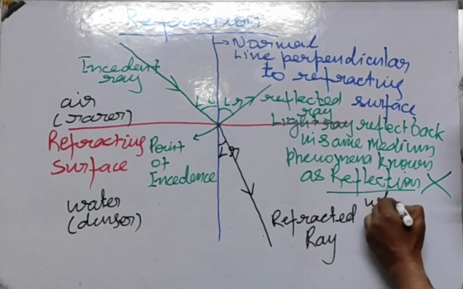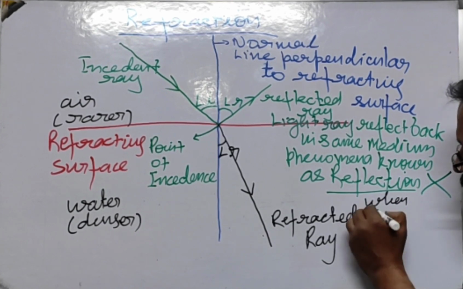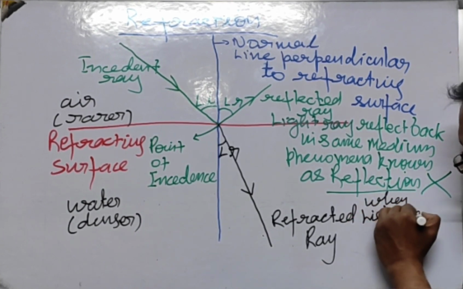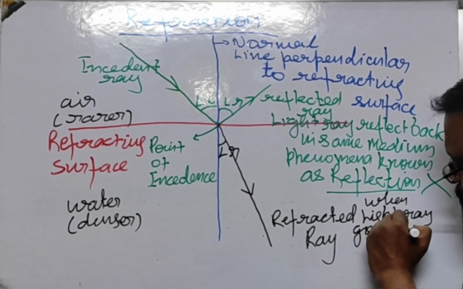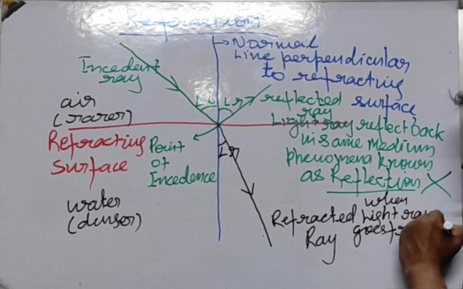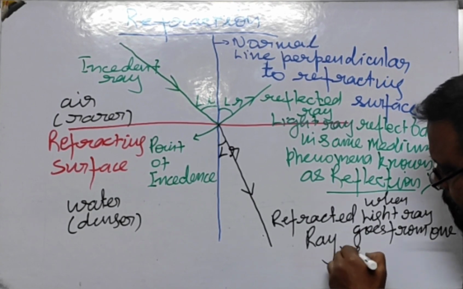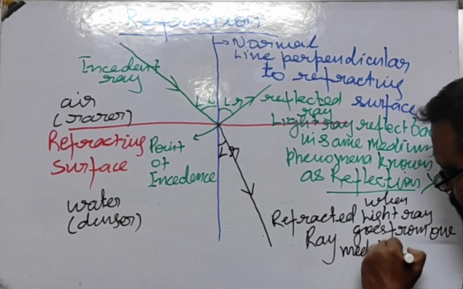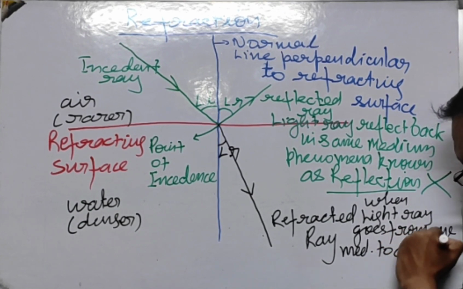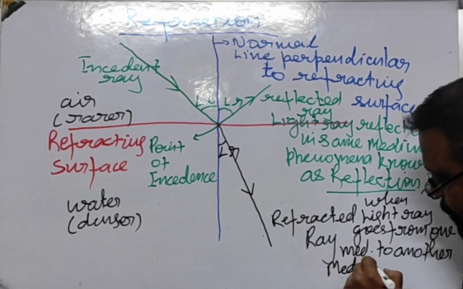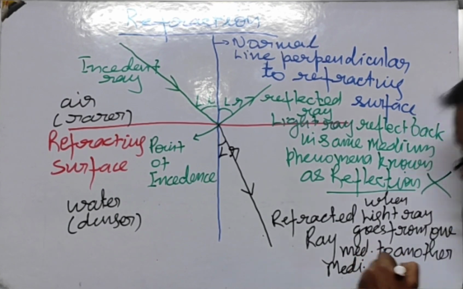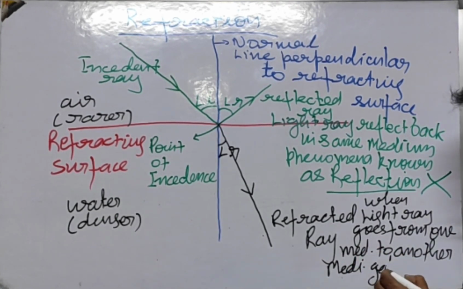So when a light ray goes from one medium to another medium, it gets deviated, right?